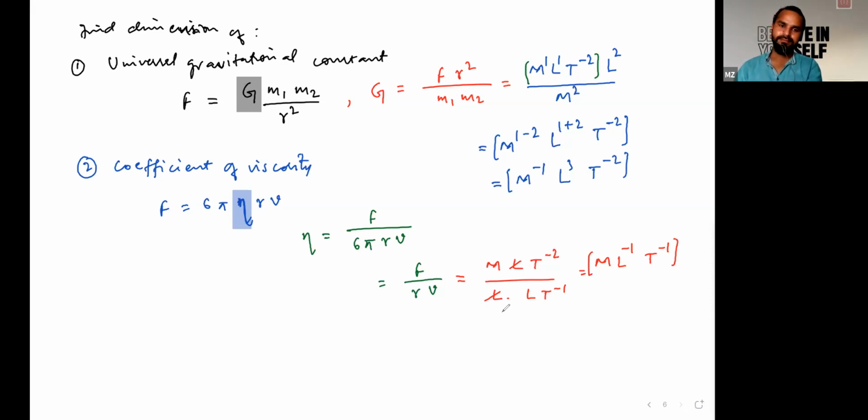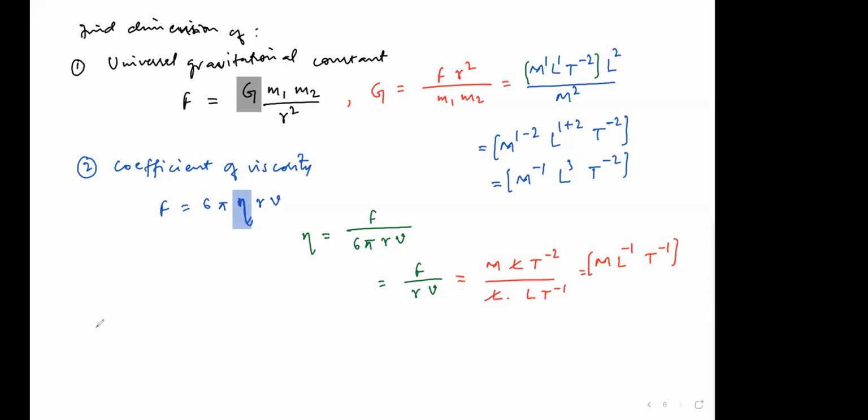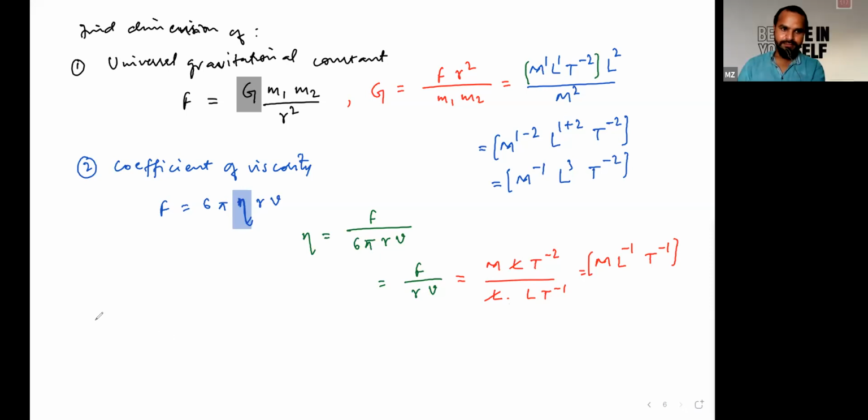Okay, there is one more term in terms of heat. Suppose you have to calculate the specific heat constant, Q is equal to m s delta T. This s is nothing but the specific heat constant, Q is heat, and delta T is temperature.